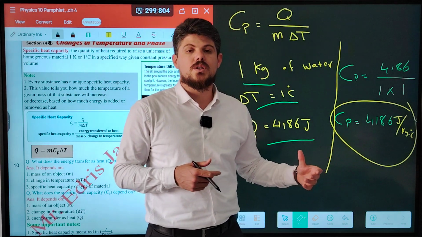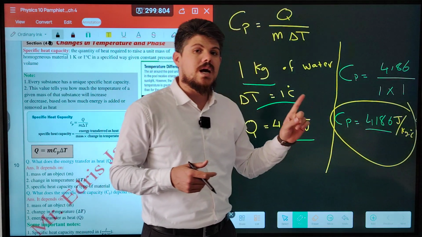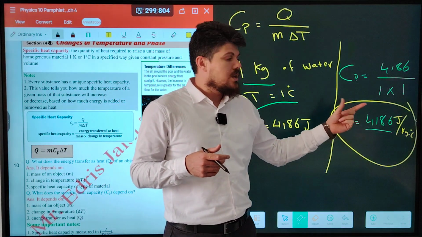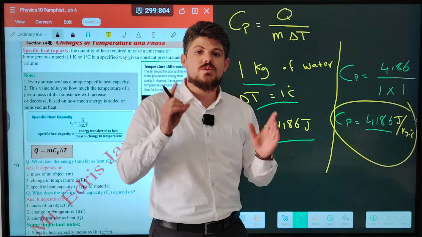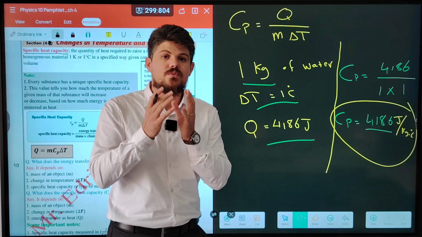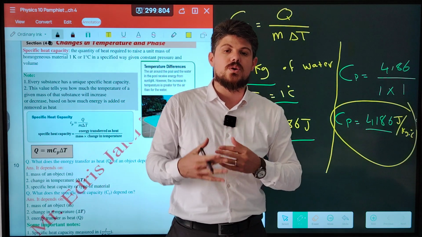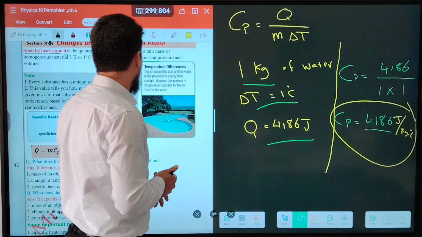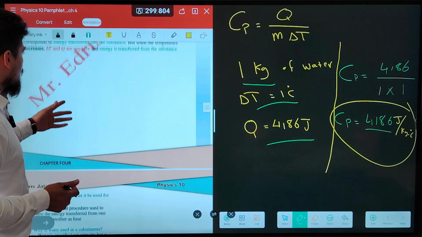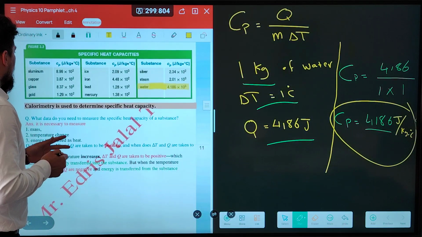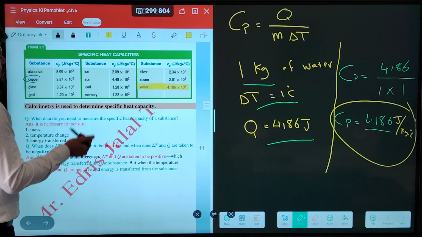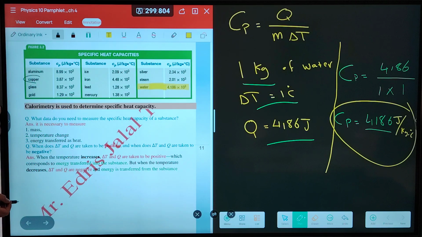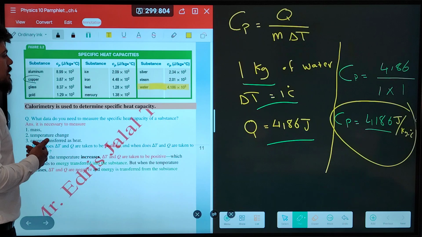What do I mean by this number? It means that water requires 4,186 joules, if we have 1 kilogram of water, to increase its temperature by 1 Celsius. According to this table, the Cp of copper is equal to 387 joule per kilogram Celsius.